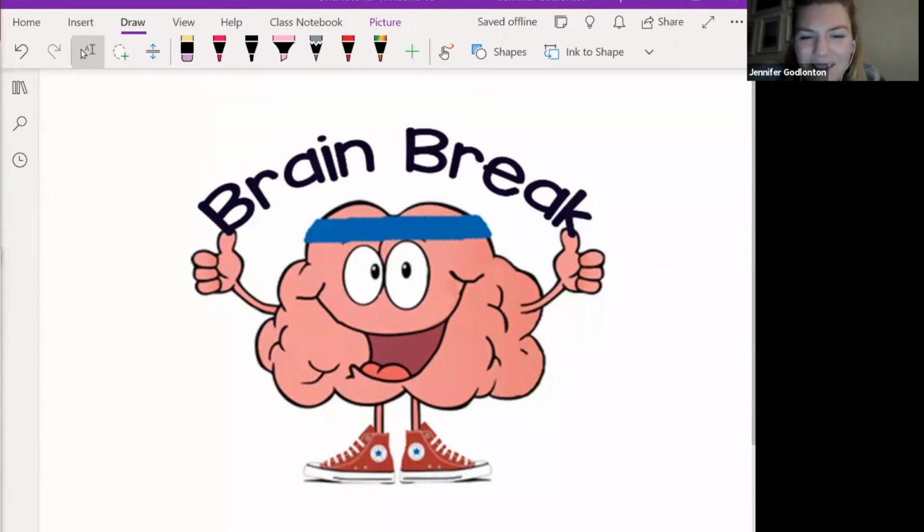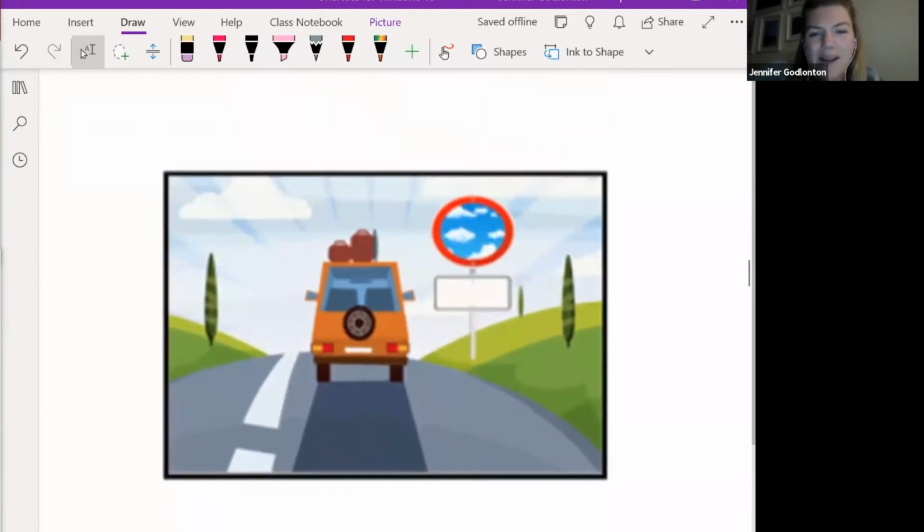Okay, let's go with our first one. What is the phrase associated with this picture? Not bus stop. You're both being quiet, so I don't know what you want to say.